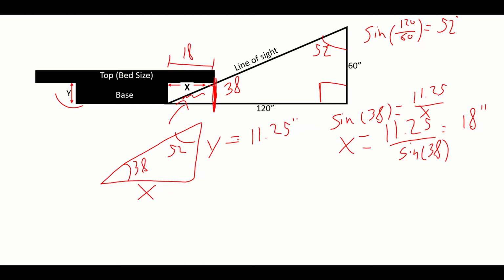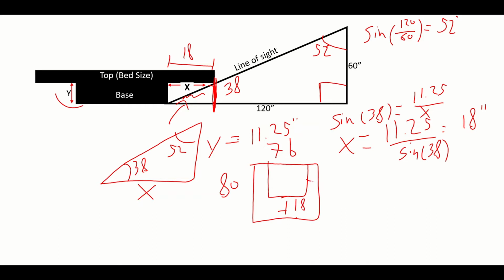Now I want to do a king bed, so let me just draw this out. A king bed is 76 inches wide and 80 inches deep. When we talk about our base, if we're looking from above, here's our base. We need 18 inches on all sides.